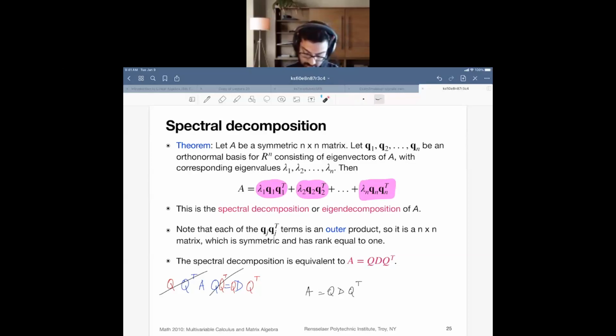So the matrix A can be decomposed as a product of three things. One is Q, the orthogonal matrix which has vectors that are the orthonormal basis of the eigenvectors of A. D is your diagonal matrix with eigenvalues of A, and then you have Q transpose, the transpose of the orthogonal matrix. So A can be decomposed as those three products.